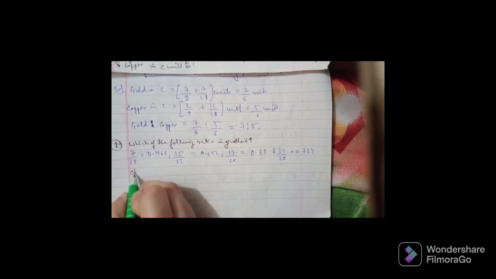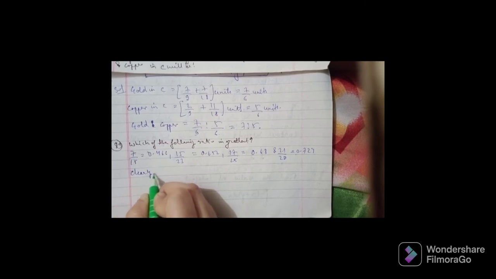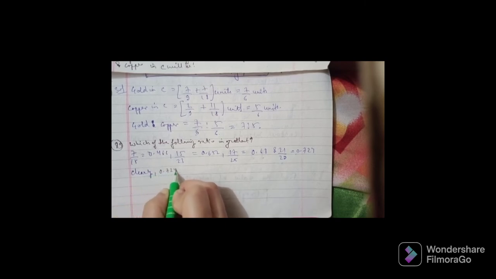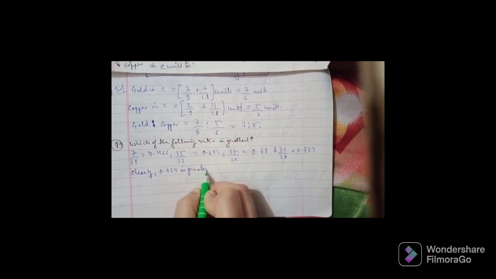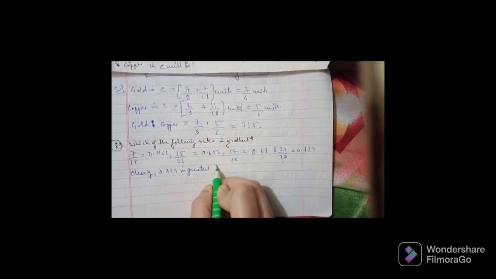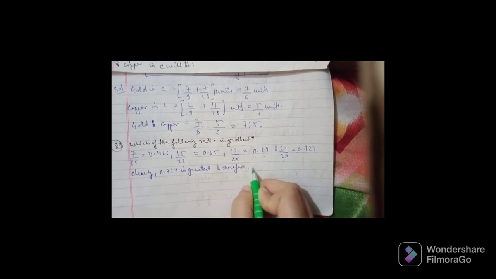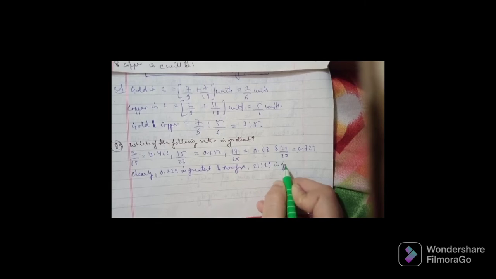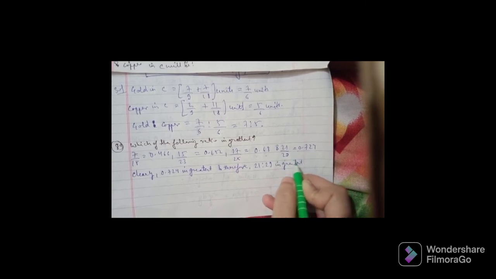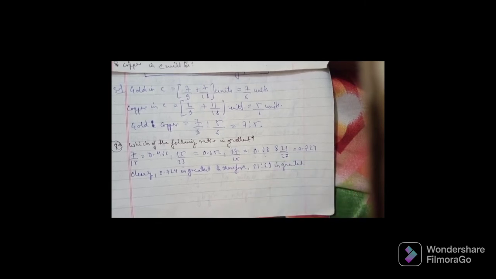So clearly 0.724 is greatest, and therefore 21:29 is greatest. Now we talk about the next question, the 90th question.